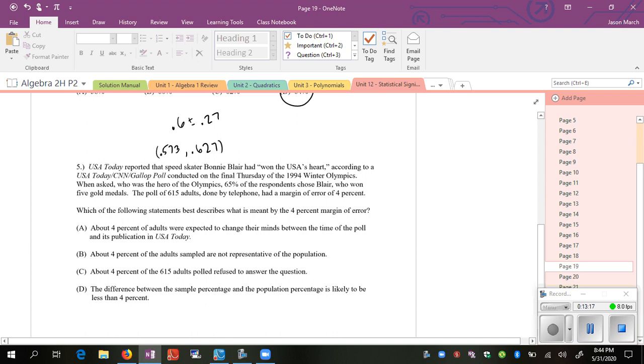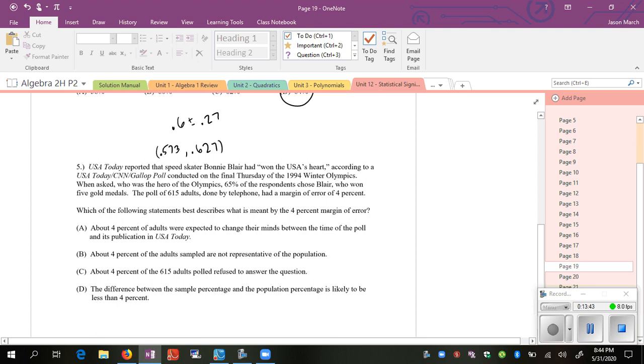I'll give you a second to read that. If you want to pause so you can read it and try to answer this one on your own, go ahead. But I'm just going to go ahead and get started here. The main detail is the poll: the sample percentage is 65, and the margin of error is 4.